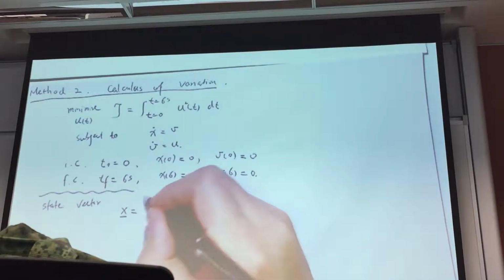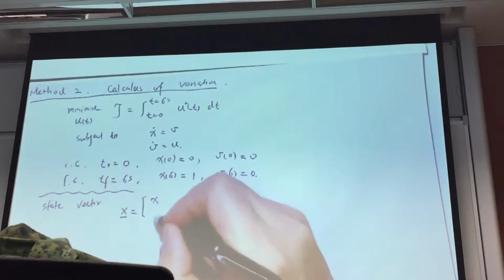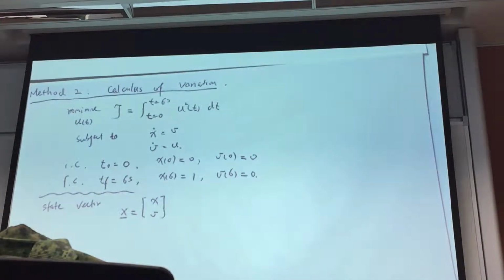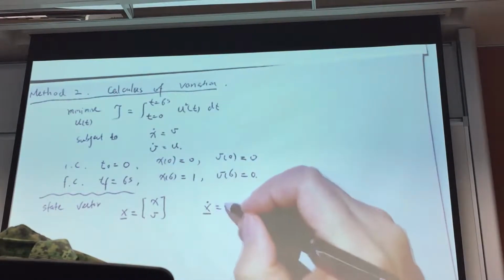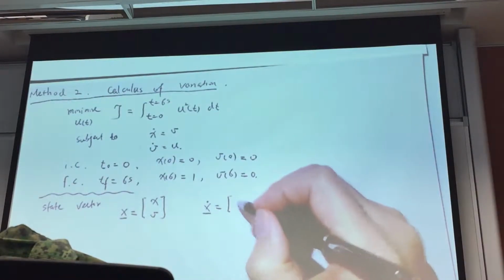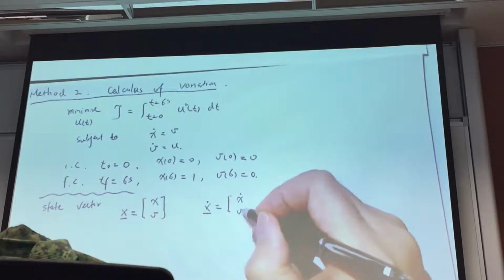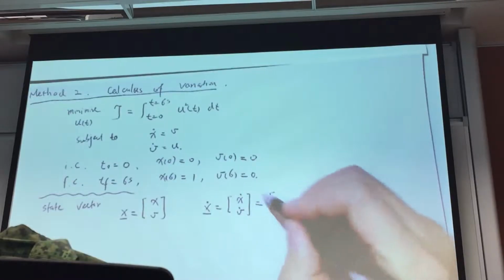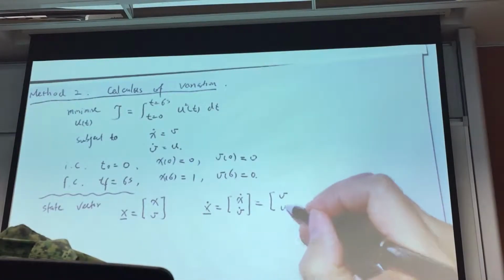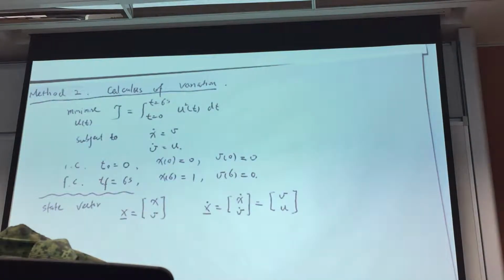Define x equal to the location and the velocity. So x dot equal to x dot, v dot. So x dot equal to v and v dot equal to u.